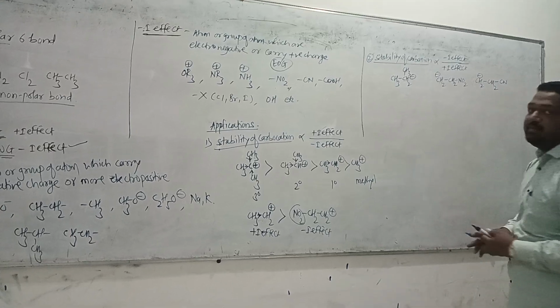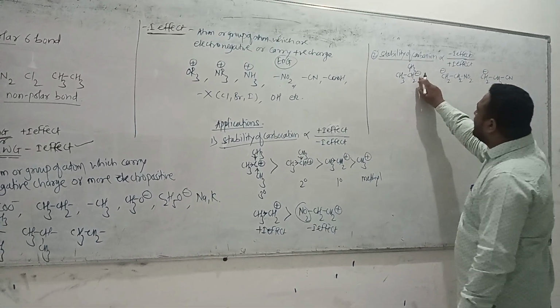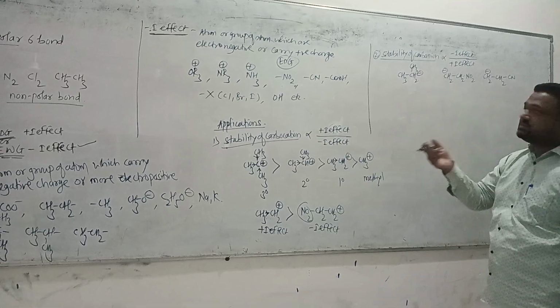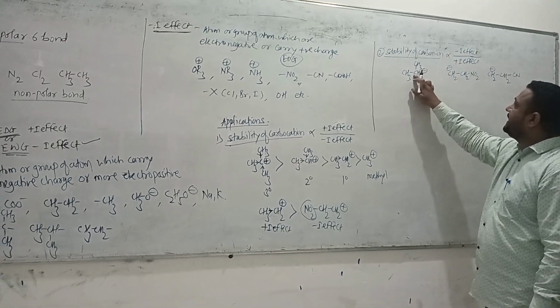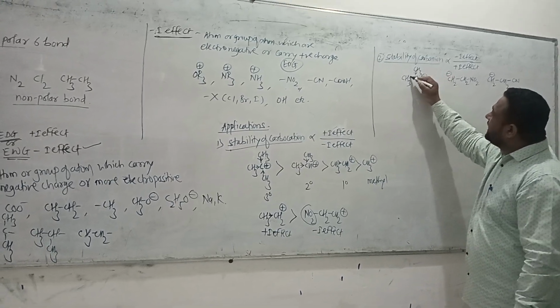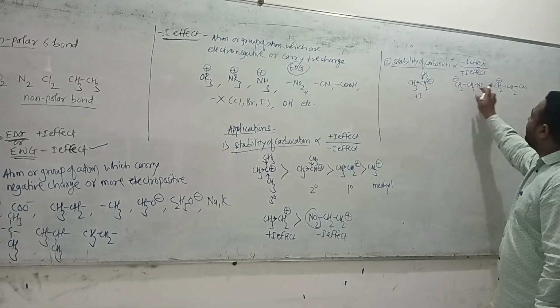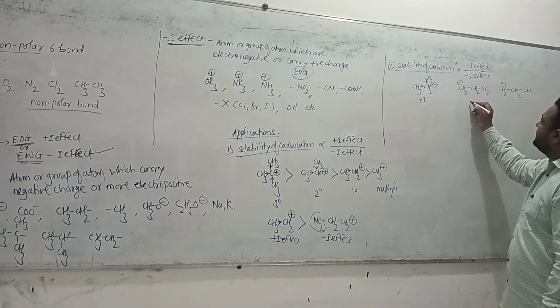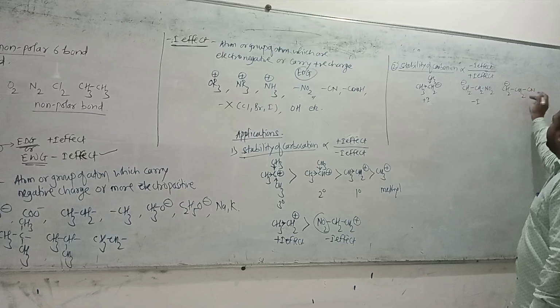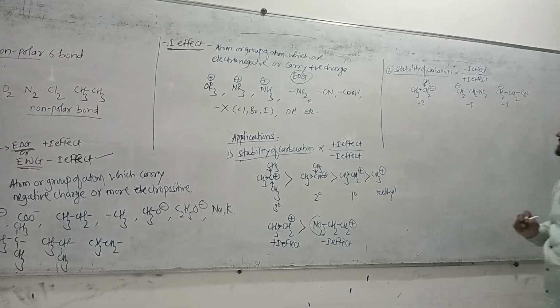In the first carbanion, carbon carries negative charge and has its octet complete. This alkyl group attached to the carbanion shows plus effect. Here a nitro group is attached to the carbanion, it shows minus effect. Here a cyanide group is also attached, it shows minus effect.